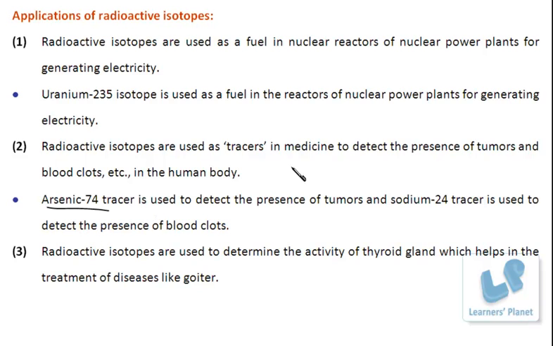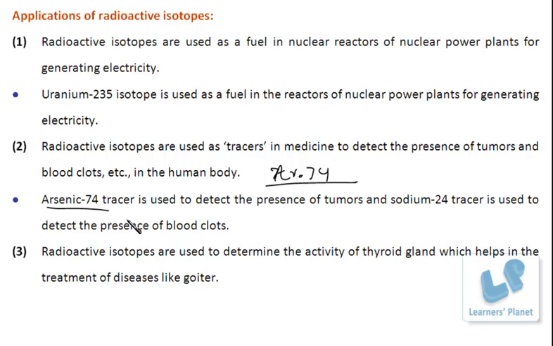A small amount of arsenic-74 is given to the patient, and this is tracked by the machine which can detect the radiation. So wherever this arsenic-74 goes, it will track it.